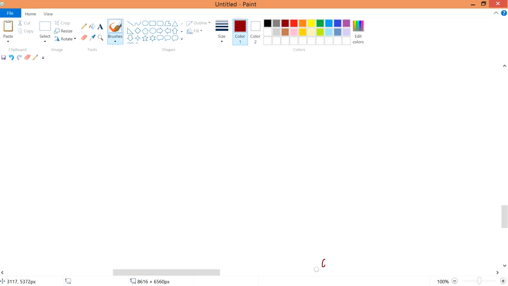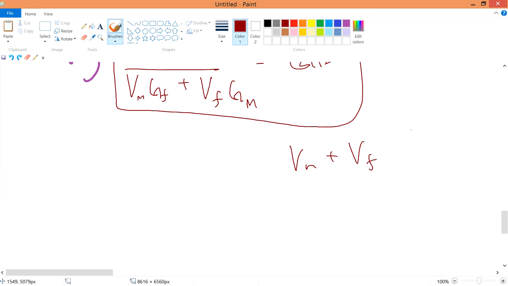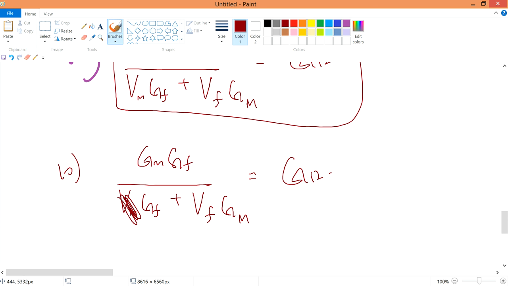So this is like 0.9 plus 0.1 equals 1. To keep things more simplified in terms of VF, I will write down a new one. I will change this VM as 1 minus VF, and this is it, your full equation for the shear modulus.